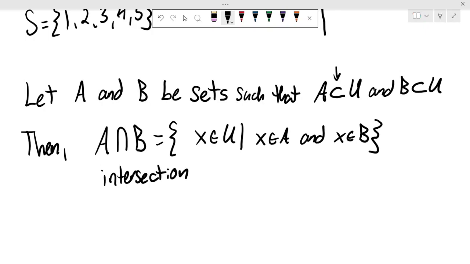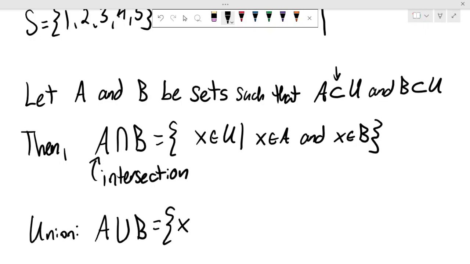And then we also have the union of A and B. So this is going to be A union B, which is the set of all x in U such that x is in A or x is in B. Okay. And these are very important sets.